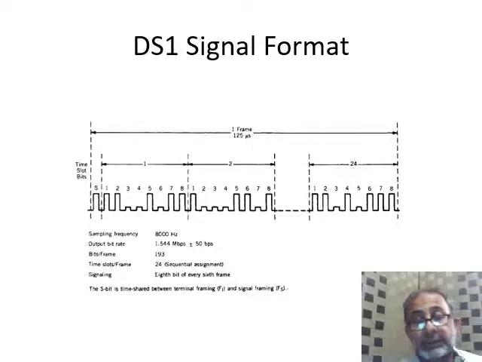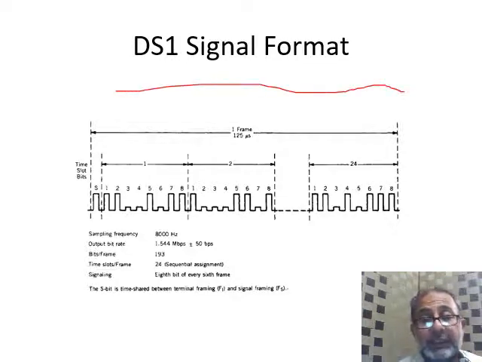Now let's see an actual DS1 signal. How does it look like? We are looking at one single frame, and one single frame takes 125 microseconds to pass through.